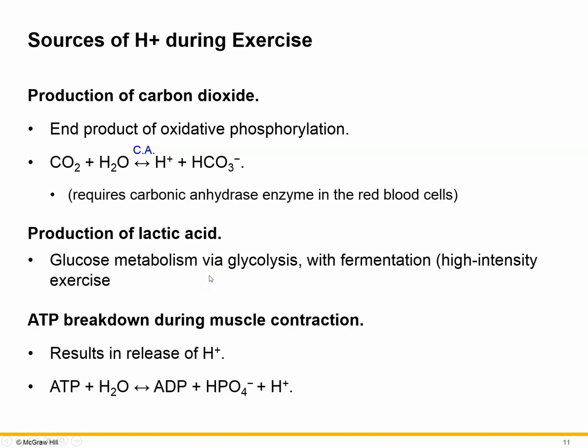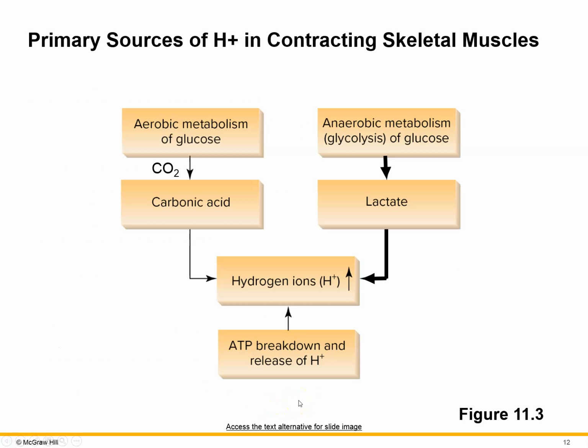Lactic acid dissociates, releasing hydrogen ion. During cross-bridge cycling, interestingly, ATP hydrolysis, breaking that ATP to release the energy to reset the cross-bridge in order to do another cross-bridge cycle, releases hydrogen ions. So as you're powering through bazillions of cross-bridge cycles under muscle contraction, you'll produce a lot of hydrogen ions that need to be dealt with in your body.